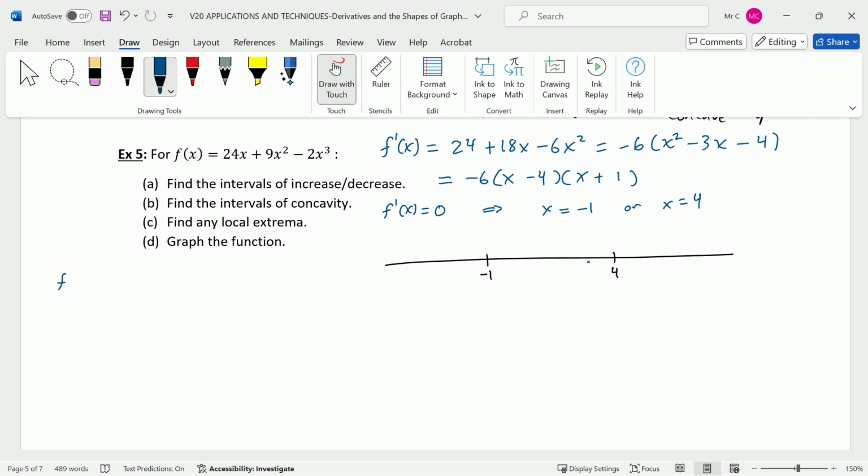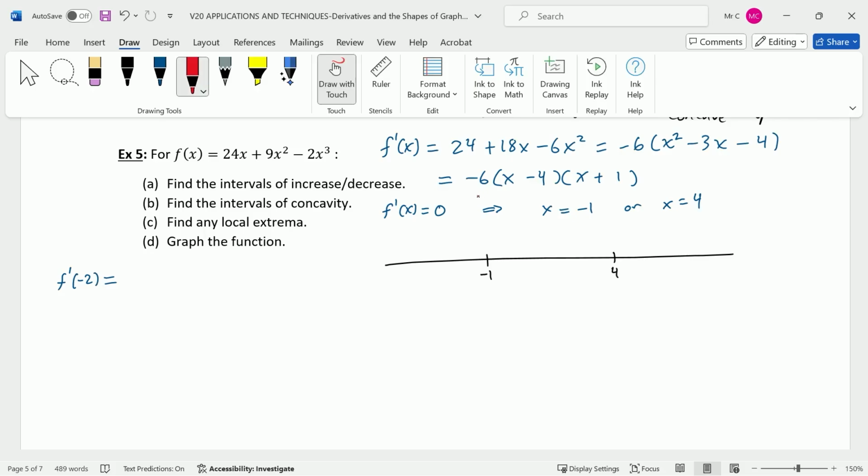Remember, we know that the derivative is 0 at -1 and 4. And so we know on any of the other intervals, between or on either side here, the derivative has to stay the same sign, whether it's positive or negative. So I'll just pick one value. How about -2 to test the derivative?